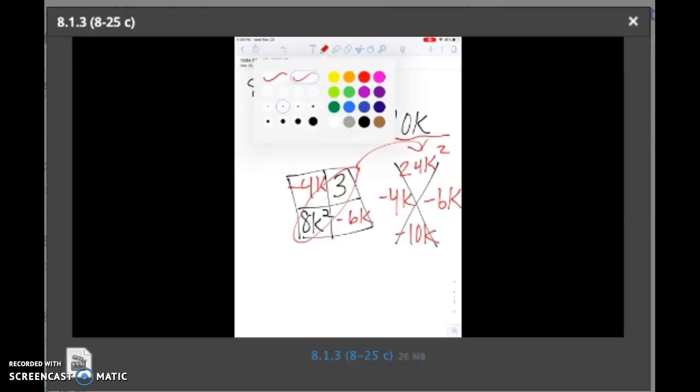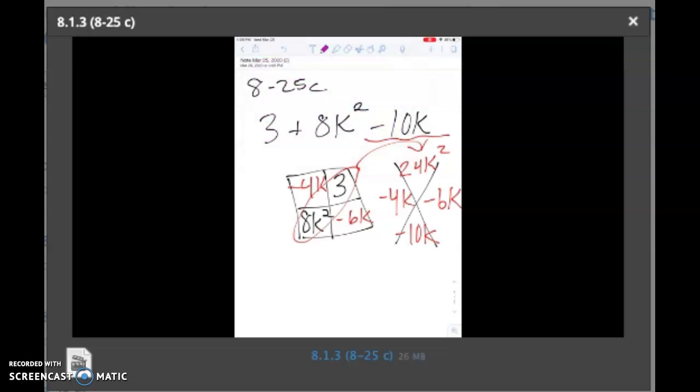And now I need to find those factors, or the product of my generic rectangle. All right, so when I look at that first column on the left, I'm looking for that greatest common factor that goes into 8k squared and negative 4k, and that is going to be 4k.